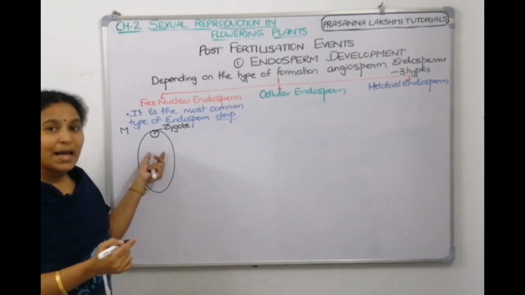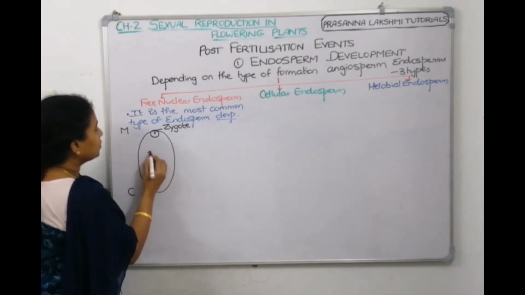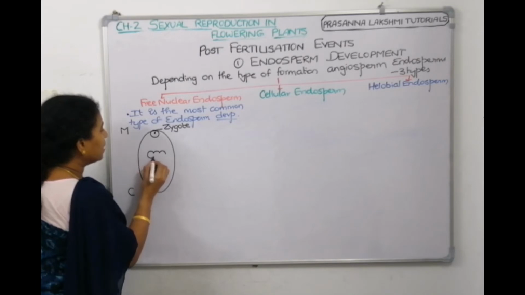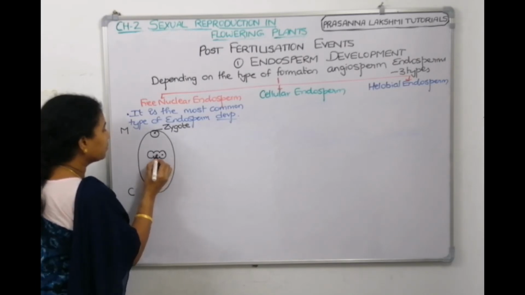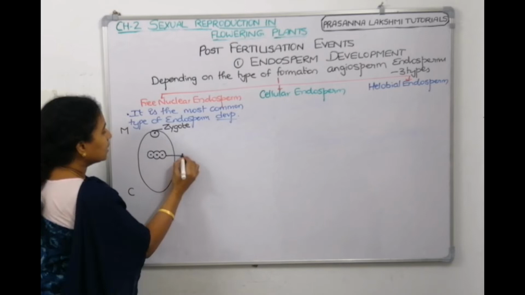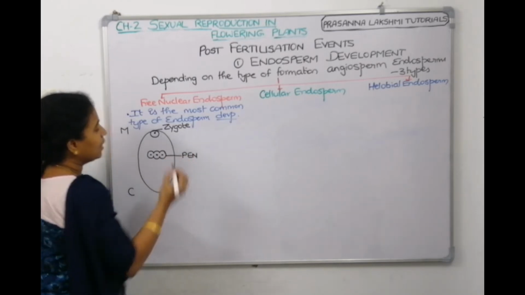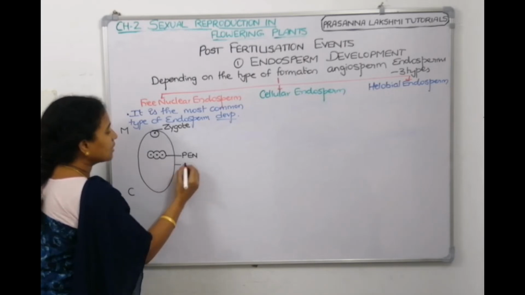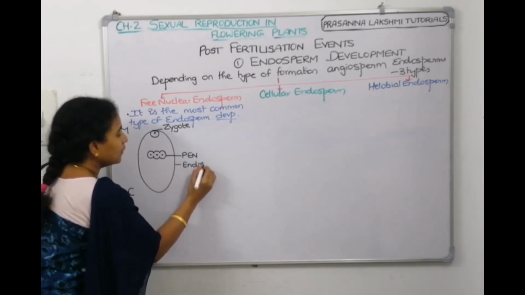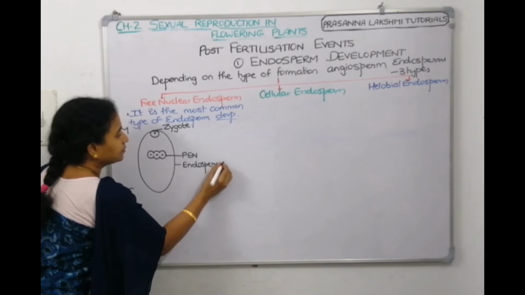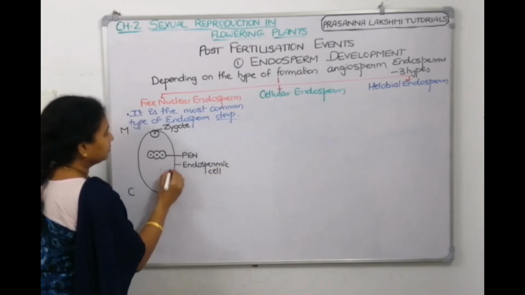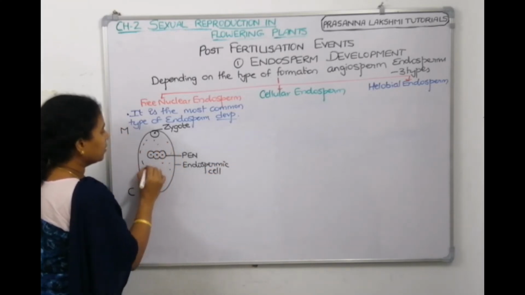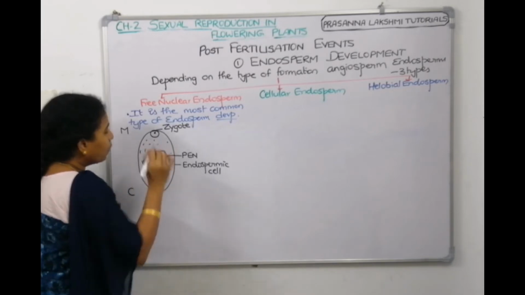Now, here we have endosperm, right? That triploid PEN is there, no? Primary endospermic nucleus. And this cell is called the endospermic cell.